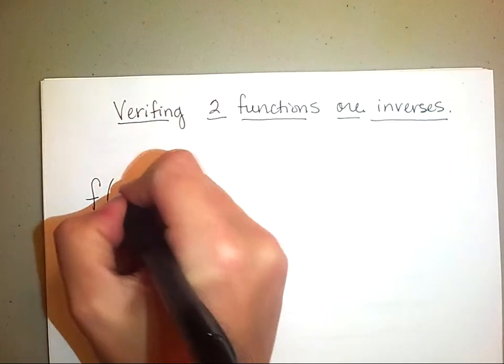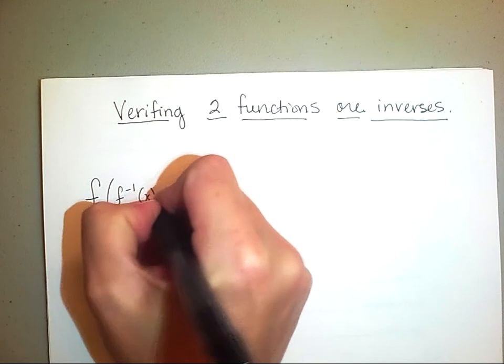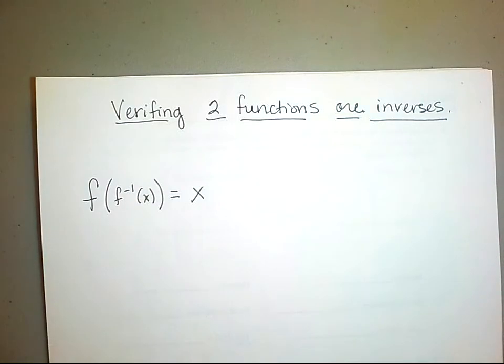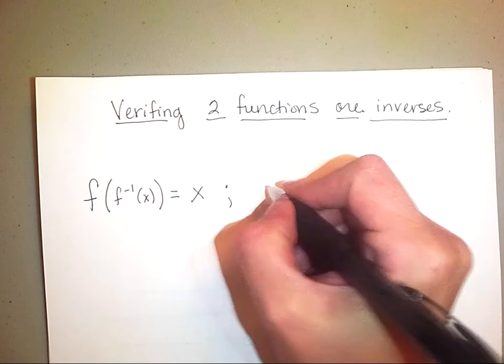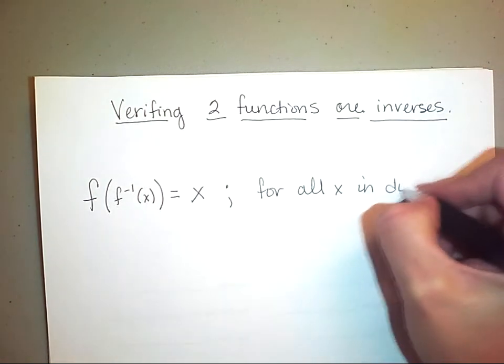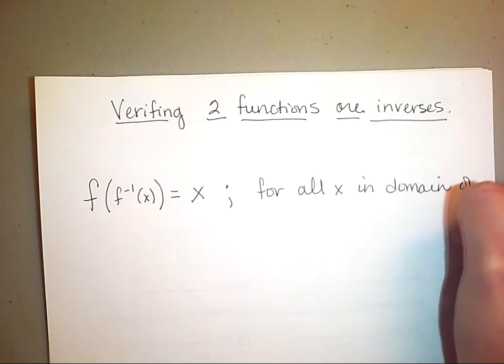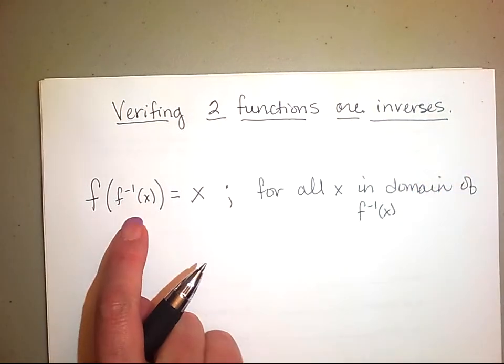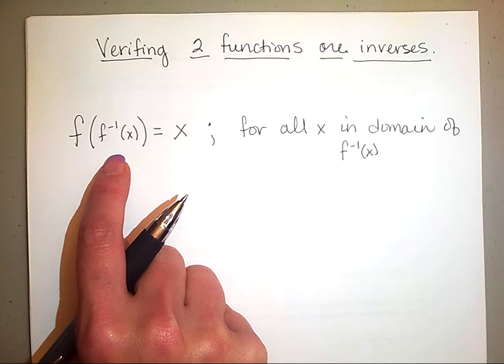If you take f and into it you put f inverse of x, because these are inverses, what you should get out is what you put in, which is x. Of course, there's a little caveat: it's for all x in the domain of f inverse, because that's what's going in here. We might have some domain problems coming up.